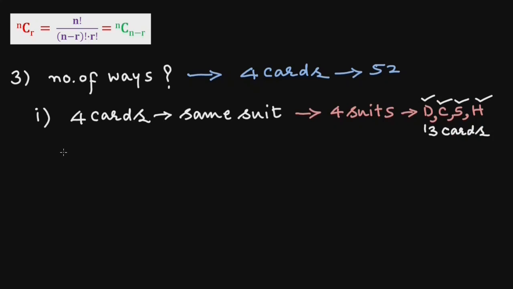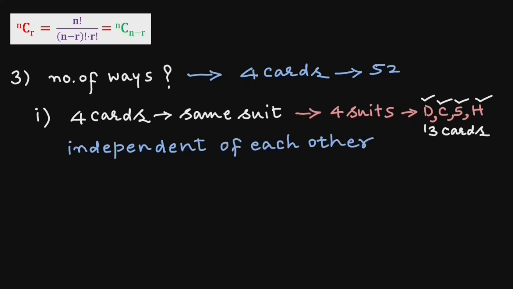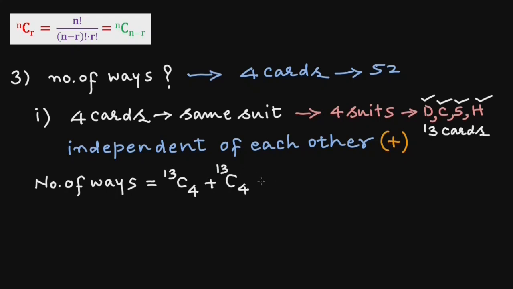Here the selection of 4 cards from each suit is independent, so we have to use the addition sign. The number of ways will be 4 cards from 13 diamond cards plus 4 cards from 13 club cards plus 4 cards from 13 spade cards plus 4 cards from 13 heart cards.